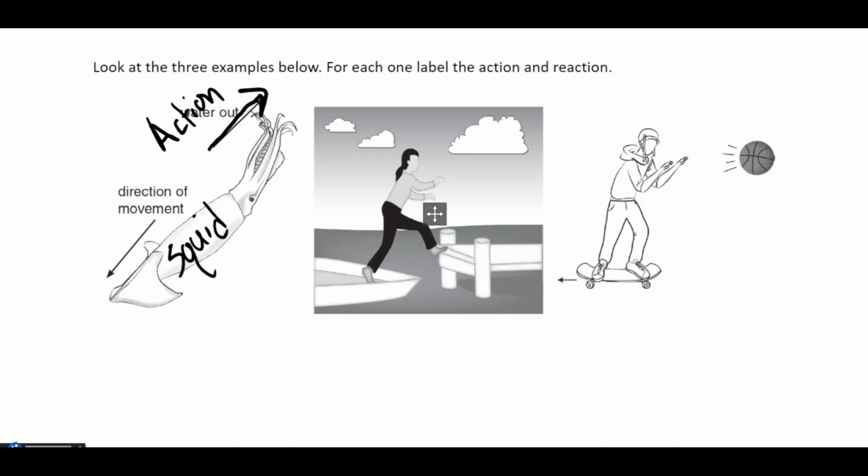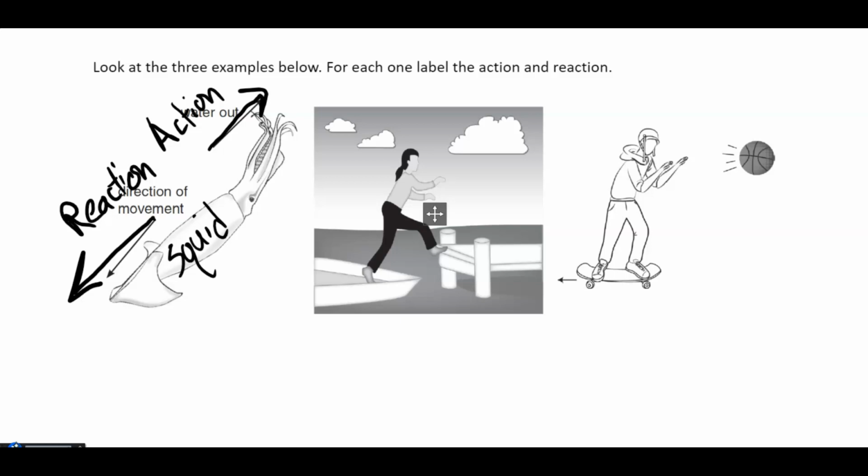The squid, you could say, applies a force to the water. Okay, the squid pushes the water out one end of its body. And because of that, the reaction is that the squid moves the other way. Action, the thing that happens first. Reaction, what happens second.